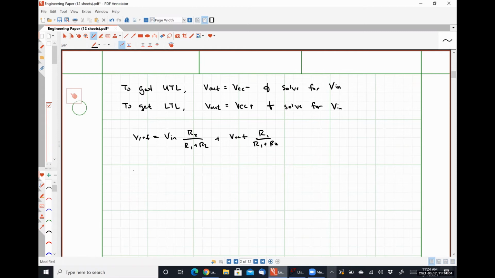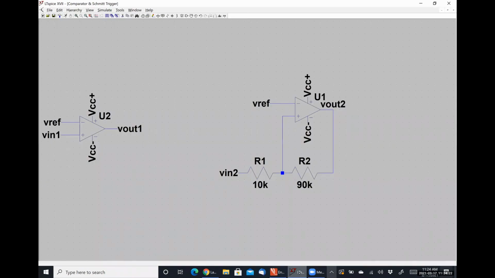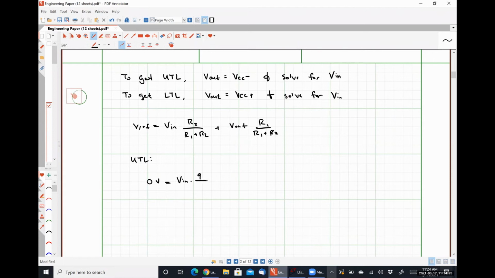Our upper trigger limit then is going to be Vref, which was 0 volts, is equal to Vn, which is what we're solving for, times R2, in this case 90 kiloohms, divided by R1 plus R2. 90 plus 10 is 100, so it's just going to look like 9/10, the ratios, plus V out, which in this case, VCC minus is -10 volts.